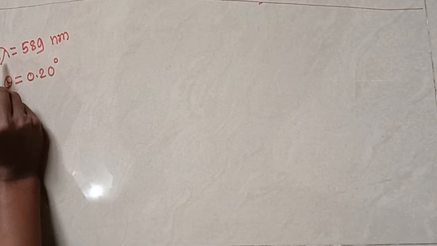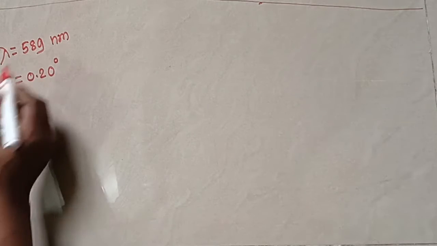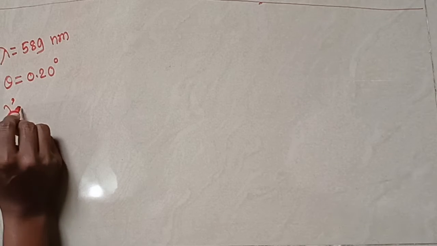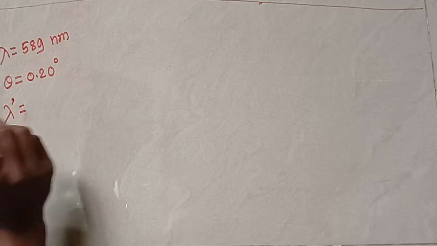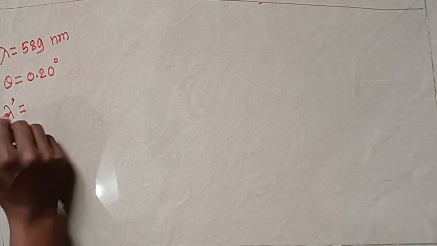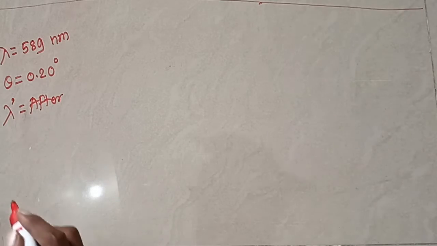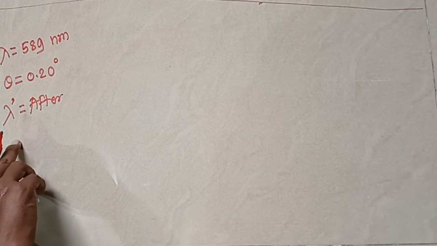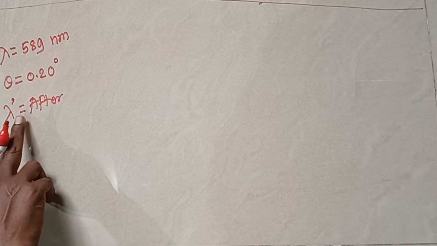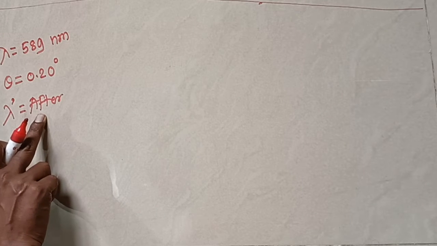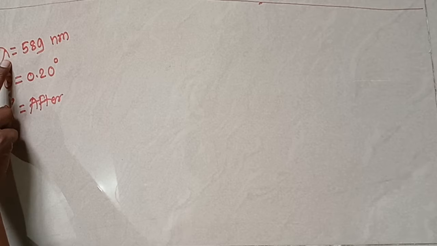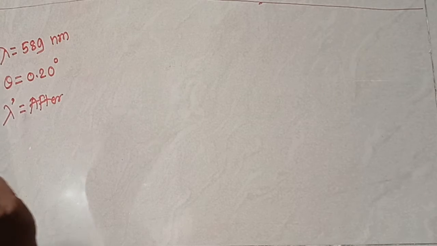Here we consider lambda as the wavelength before immersion in water, and lambda dash as the wavelength after immersion in water, right?